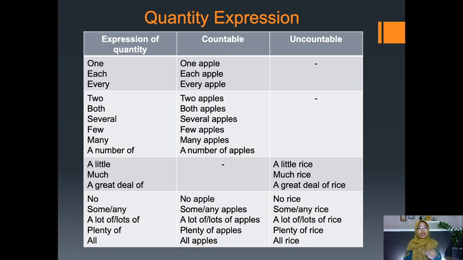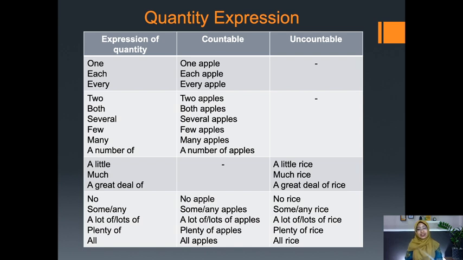Jadi kalau Anda menggunakan 1, each, every, 2, both, several, few, many, number of, Anda harus menggunakan countable noun. Tidak boleh uncountable noun. It is impossible to say one rice. It is also impossible to say many rices or few rice.